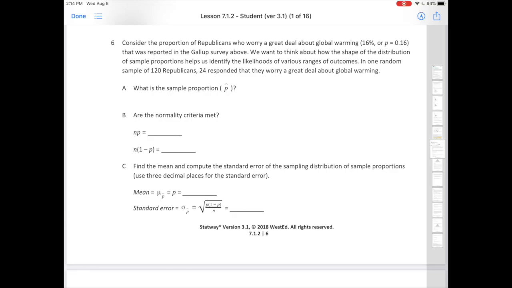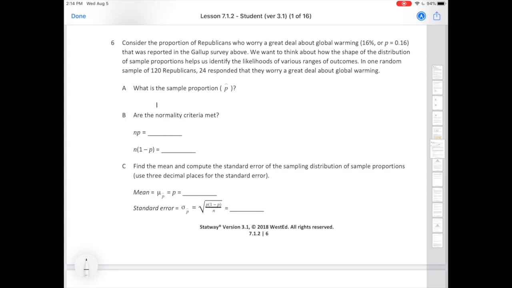We want to think about how the shape of the distribution of sample proportions helps us identify the likelihoods of various ranges of outcomes. In one random sample of 120 Republicans, 24 responded that they worry a great deal about global warming. So let's answer these questions. The first question asks us, what is the sample proportion p hat?